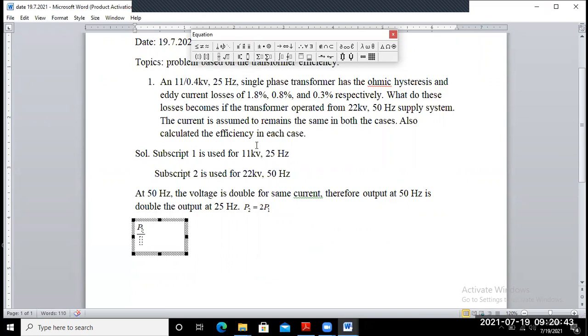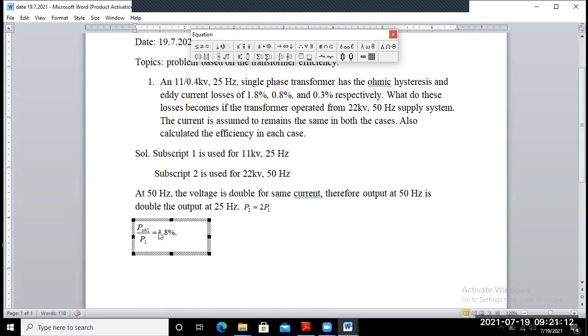So POH1 divided by P1, the output power at this rating, is given to you as 1.8%.